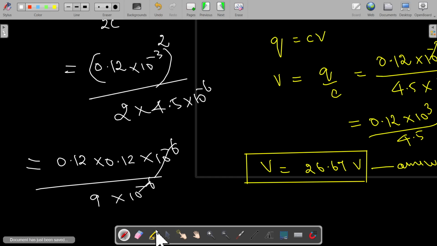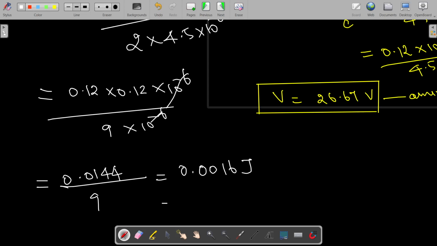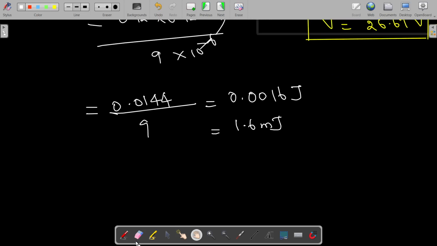The powers cancel, so this is equal to 0.0144 divided by 9, which is 0.0016 joules. In millijoules, you can write it as 1.6 millijoules. So the answer for the second subdivision is that the work done, or the energy, is equal to 1.6 millijoules.